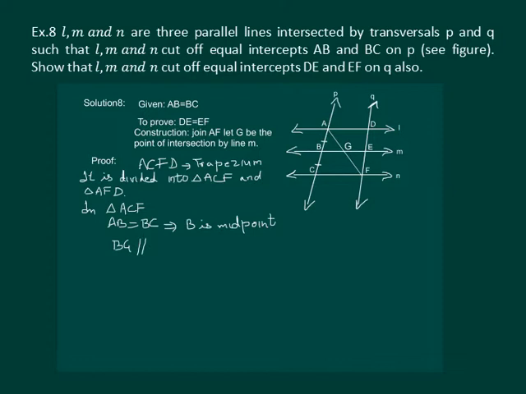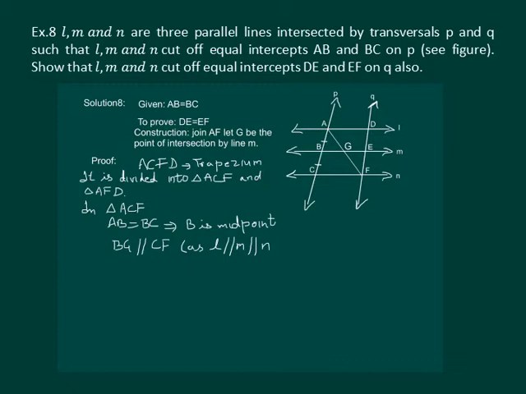BG is parallel to CF, as L is parallel to M and M is also parallel to N. So, since L and N are parallel, BG will be parallel to CF.